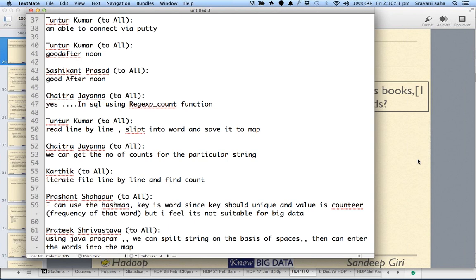It's a static method, no, it's not a static method. All right. Any other answer to this one?